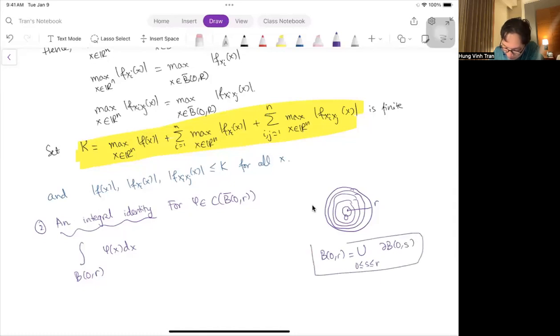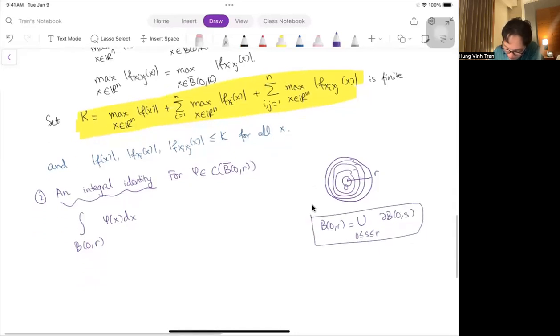Here the sphere of center 0 radius s is simply all points x in R^n so that the length of x equals s.